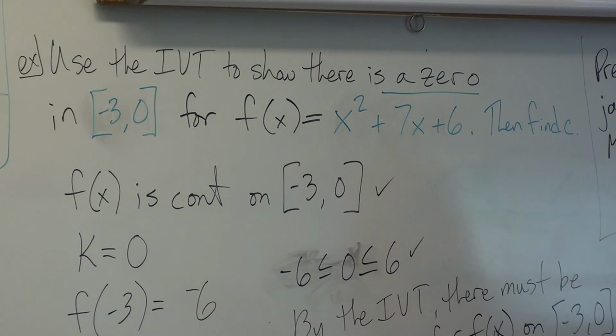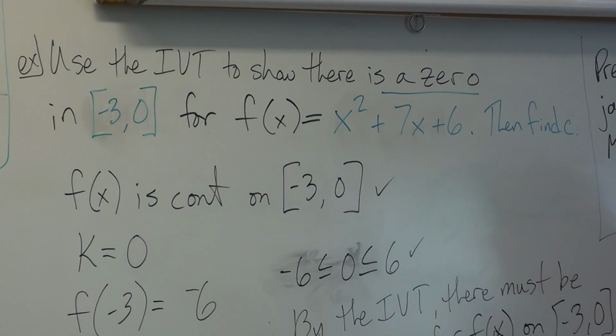In order to find c, you actually have to take the function, set it equal to 0, and solve. So if we factor, we get x equals -6 and -1. Our c is just -1.